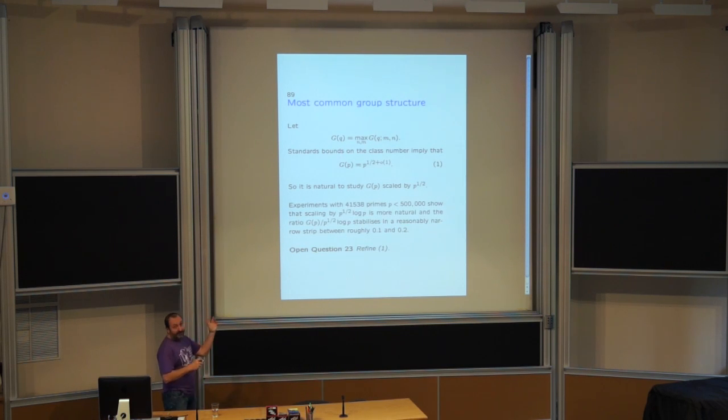So what's the largest hit here? And the standard bounds on the class number tell you that g of p should behave like p to the 1/2 plus little o of 1, unfortunately in the exponent. So it's not an asymptotic formula. It's an asymptotic formula on the logarithmic scale. But it makes it natural to study this function if you scale it with square root of p. We know it's there, so it's only this little o of 1 which is interesting to study.